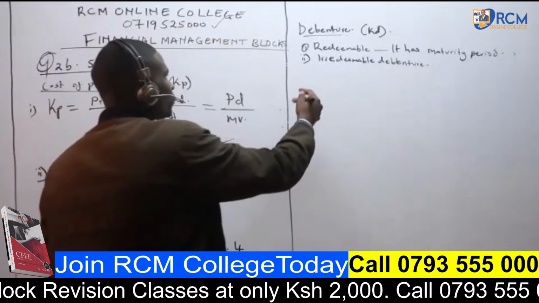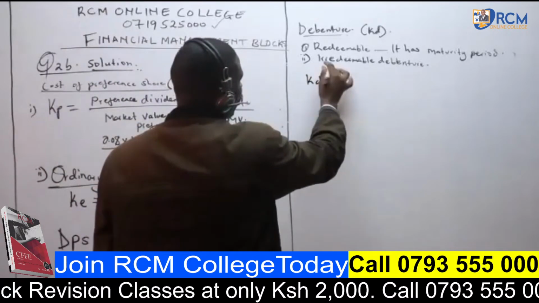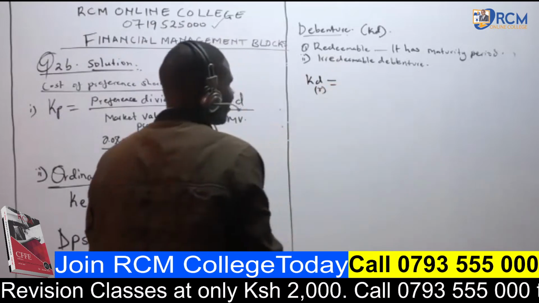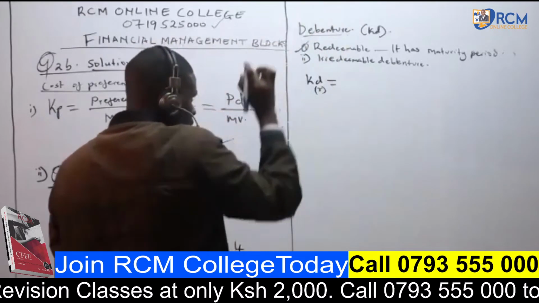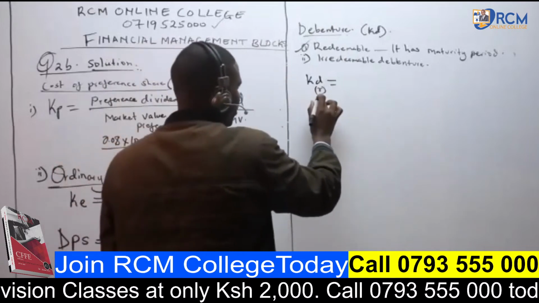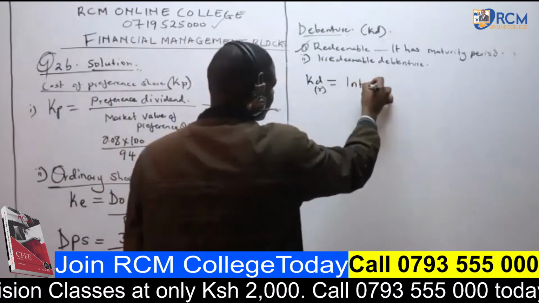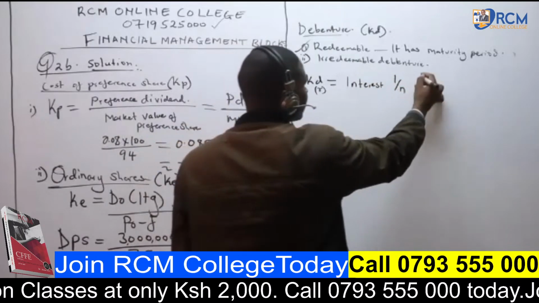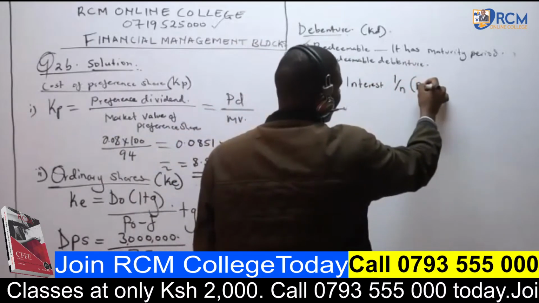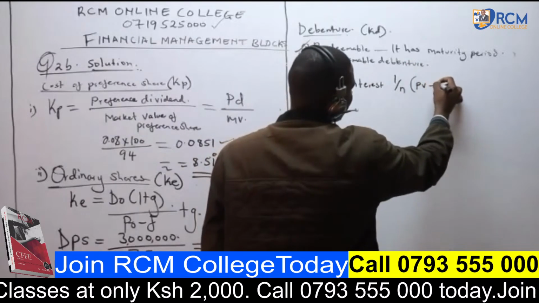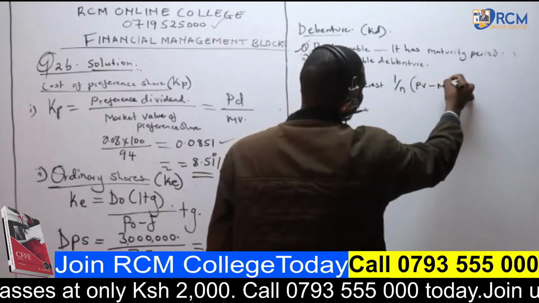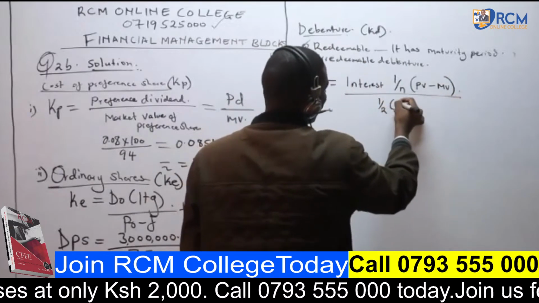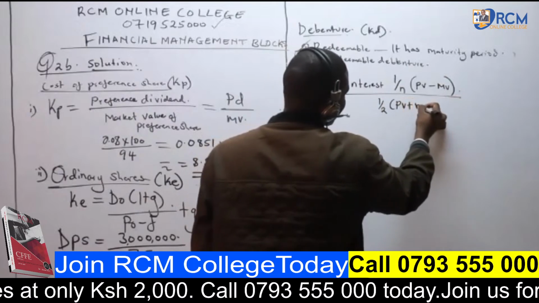If you want to find the KD of redeemable debenture, allow me to put the R there to represent redeemable, it is interest, 1 over n, where n is the number of years or number of periods, per value minus market value, and then you divide by a half of per value plus market value.